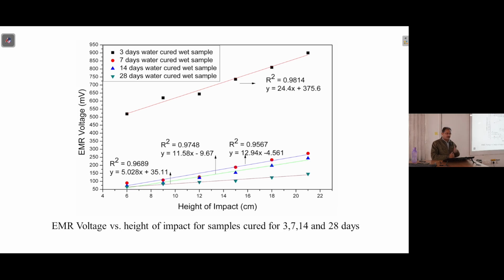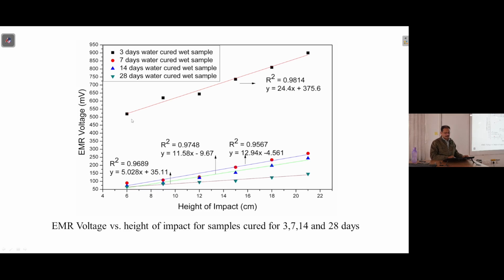And 14 days we had added as an additional value so as to have a proper variation for the study. And these linearly varying graphs are again EMR voltage versus the height of impact. So for 3 days we actually got pretty high values, as you can see here. For a 6 centimeter height of the weight drop, you have more than 500 millivolt signal, right?